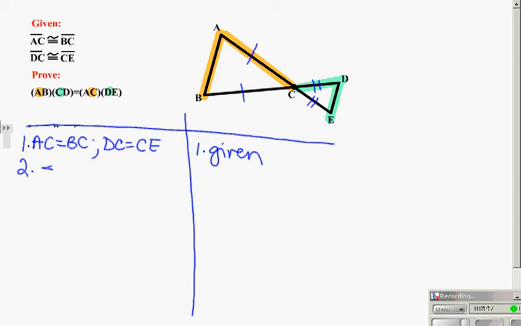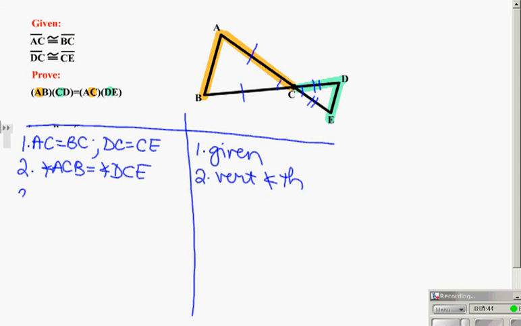Butterfly picture, I always have vertical angles. Angle ACB is equal to angle DCE by the vertical angle theorem. Now I'm going to go ahead and write a proportion for the sides that are given to me.